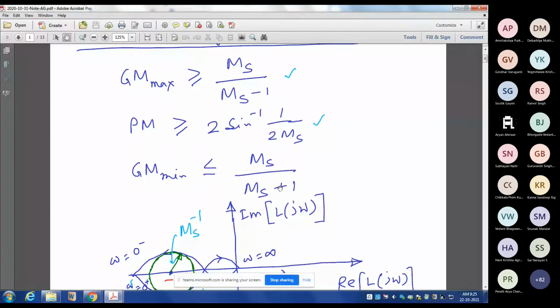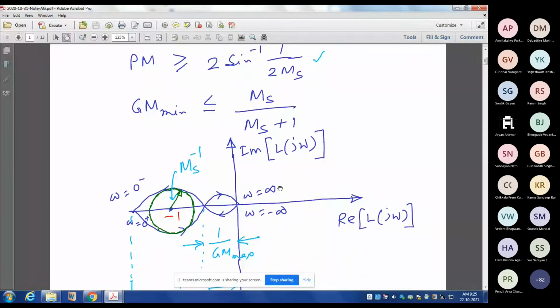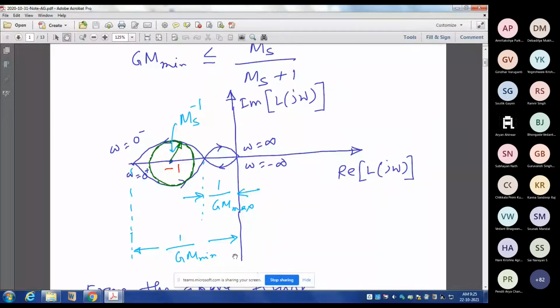So how can you prove it? I have considered a diagram, a Nyquist plot, where both positive side gain margin and negative side gain margin are there. Here positive side gain margin was not needed anyway.